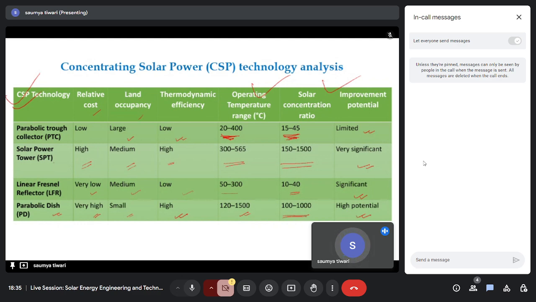The solar power tower has a high concentration ratio, 150 to 1500, thereby leading to an operating temperature of 300 to 565 degrees Celsius. The linear Fresnel reflector has much less, I think the least, a 10 to 50 concentration ratio. Thereby the operating temperature is also less here, 50 to 300. And then we have the parabolic dish. For that, the concentration ratio is as high as 1000, and the maximum temperature that can be reached here is around 1500. So this table is important. You need to have an idea about the temperature and the concentration ratio.